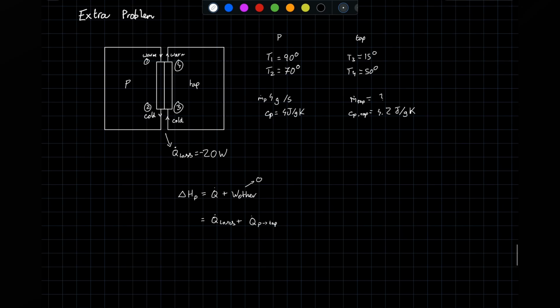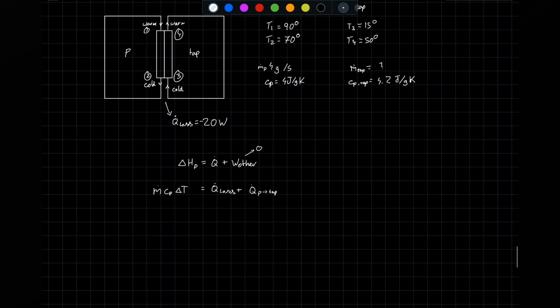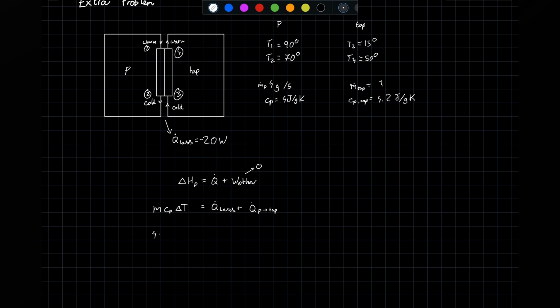And we also know that our enthalpy is mCp delta T. And what's nice is we have all this data. So we just plug in the numbers, 4 times 4 times 70 minus 90, and is equal to Q loss plus Q P2 tap.